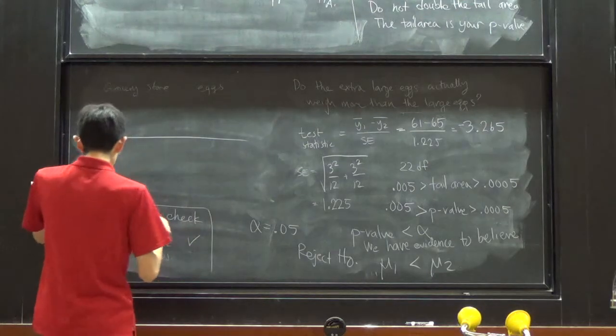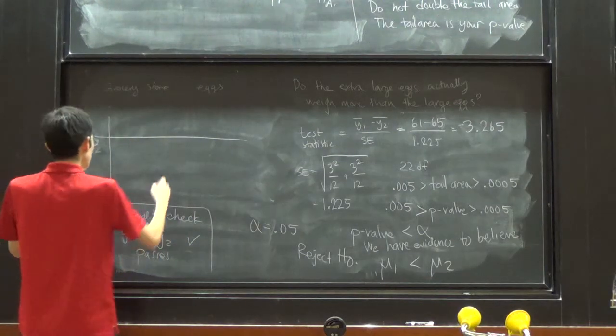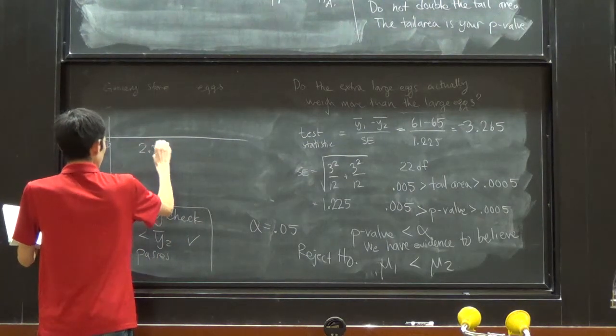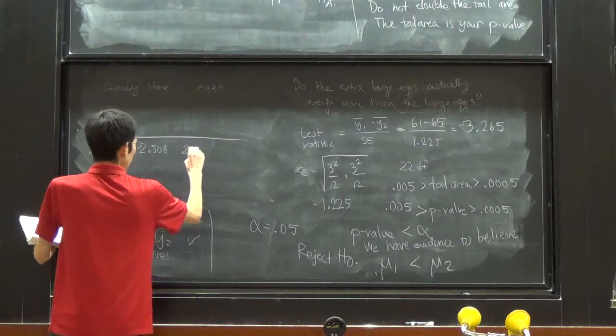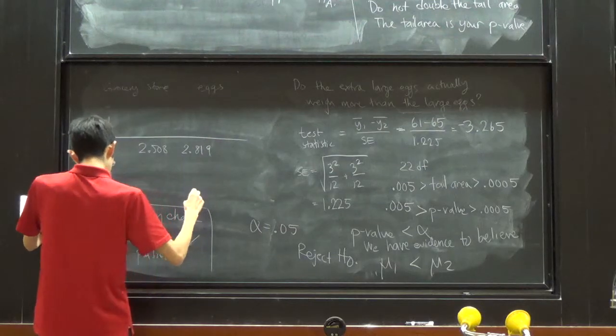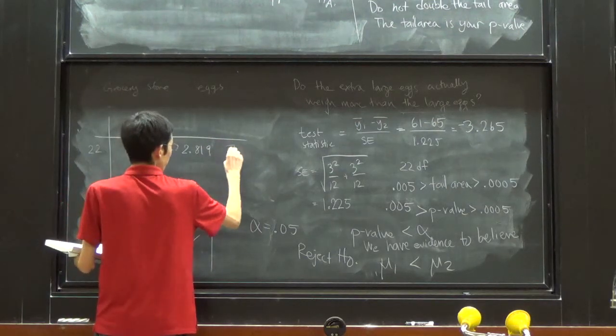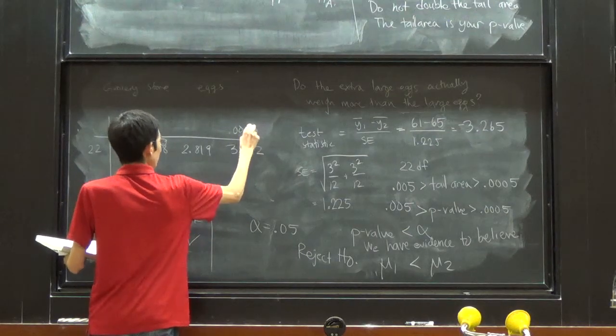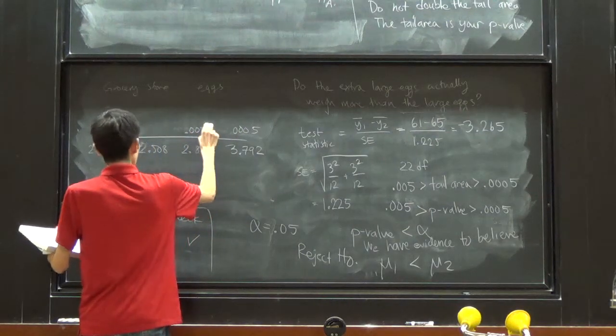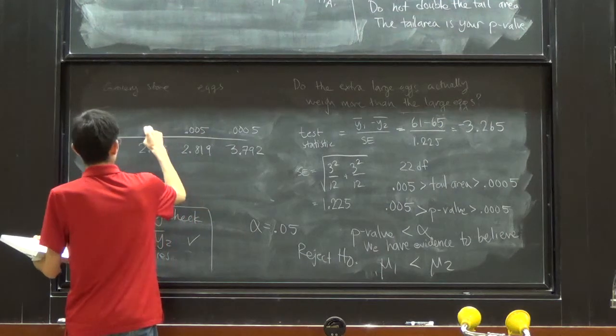In that row, I've got 2.508, 2.819, and 3.792. And these correspond to 0.0005, 0.005, and 0.01.